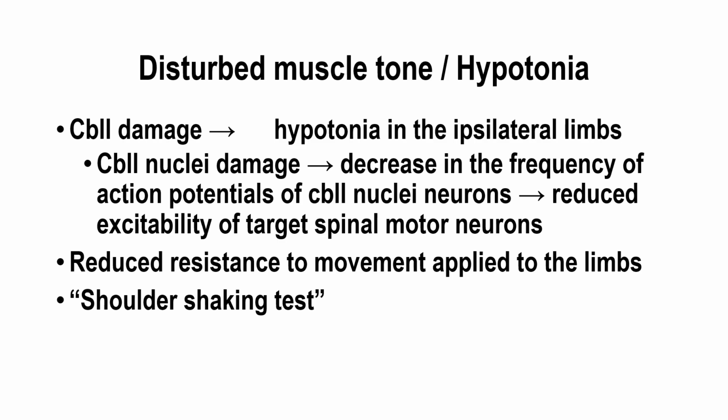When a hand is placed on the patient's shoulder and the shoulder is shaken back and forth, giving the upper limbs a pendulum-like movement, it can be observed that they move more widely, regularly, and for longer than normal. This neurological examination is called the shoulder shaking test.